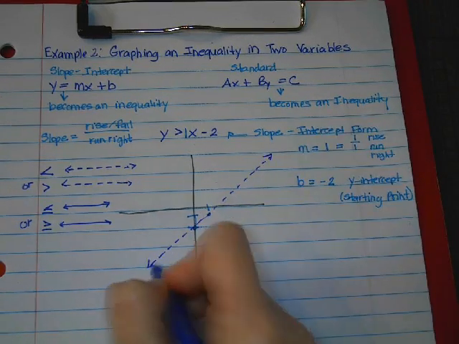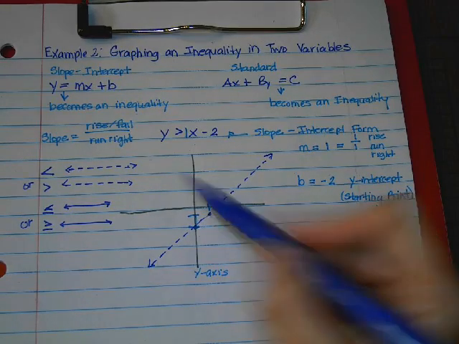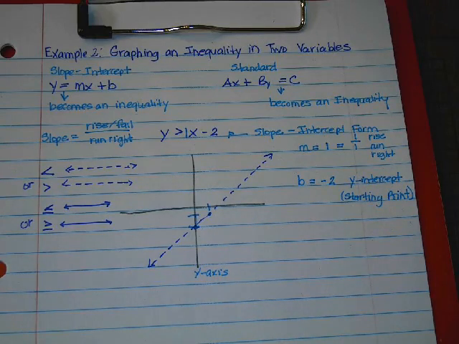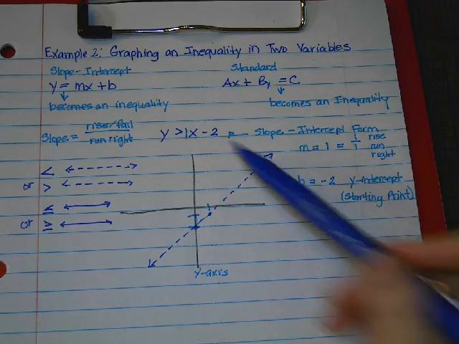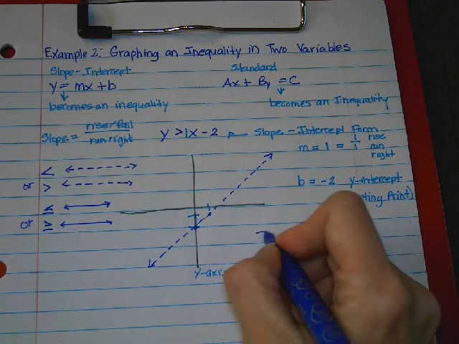Now your program will automatically create those lines for you, just as long as you put the dots in the right locations and choose the correct line, solid or dotted. This next part talks about shading, where we got to shade on the proper side of the line. We got to shade all the values that would make this true. So to do this, we're going to pick a test point.